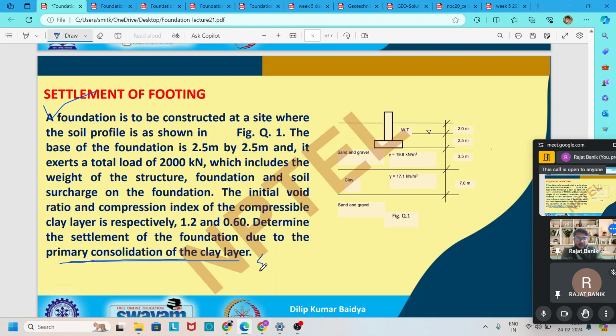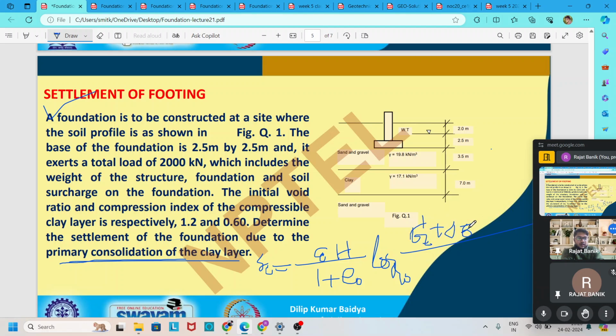The primary consolidation settlement is equal to Cc, that is the compression index, into the thickness of the layer where we have to find the settlement, divided by 1 plus e naught, that is the initial void ratio, into log 10 of sigma z dash plus delta sigma z dash divided by sigma z dash.